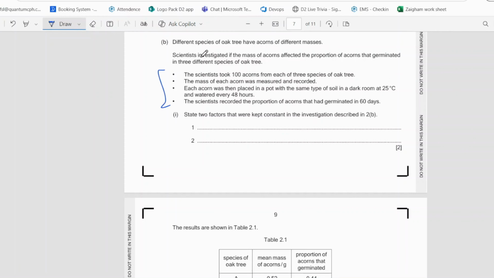Okay. Some scientists investigated if the mass of acorn affected the proportion of acorns that germinated in three different species of oak tree. They took almost 100 acorns for each of the three species, and then they took the mass and placed them in a dark room at 25 degrees Celsius and watered them for 48 days.